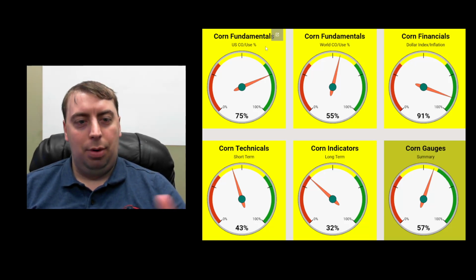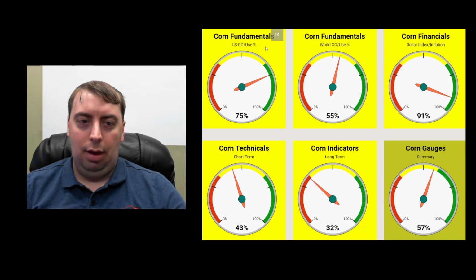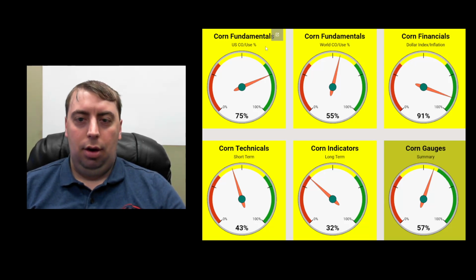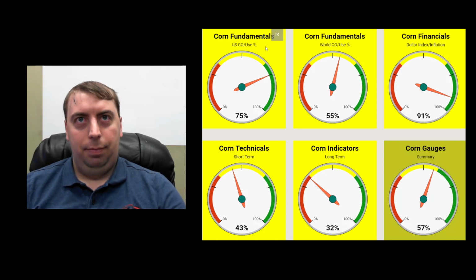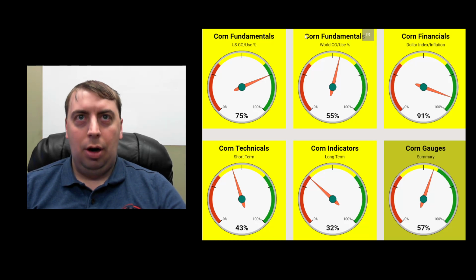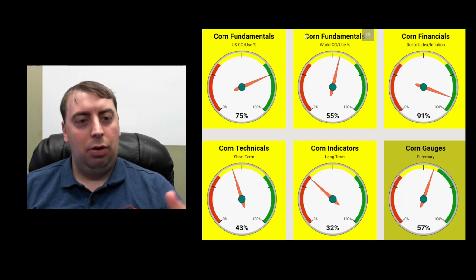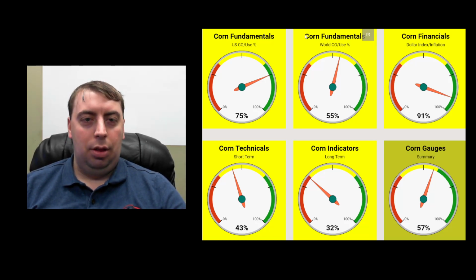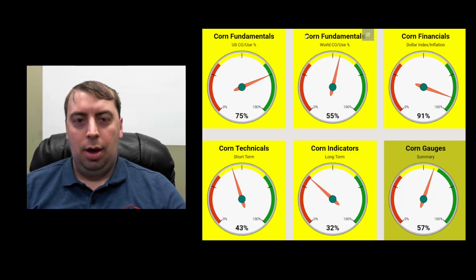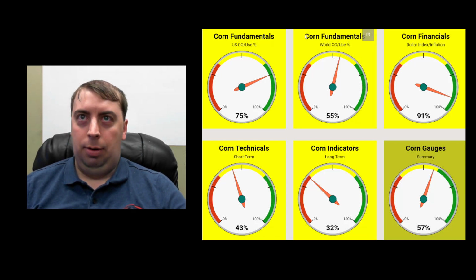We look at today's price and compare that to those prices and how many prices have been below today's price. Then we look at the world fundamentals, a very similar story. We look at the world carryout to use ratio that's released every month in the USDA monthly report, and compare today's price to past prices with similar carryout to use ratios.